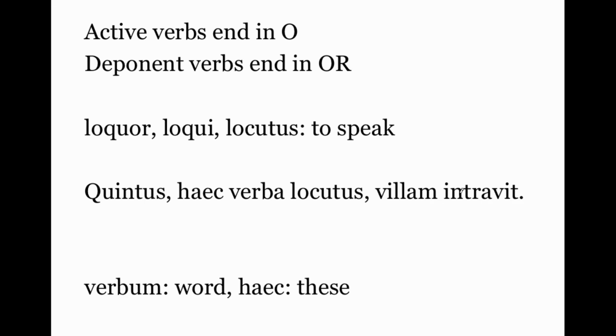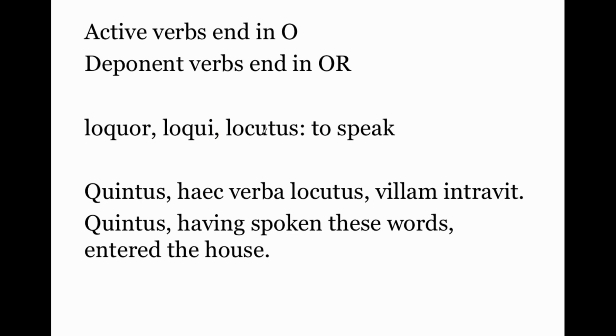Loquor, loqui, locutus, to speak. Think for a moment. What is the significance of this, and what is the significance of that information on how I translate this form? Think it through. Okay, here's the answer. Quintus, having spoken these words, entered the house.